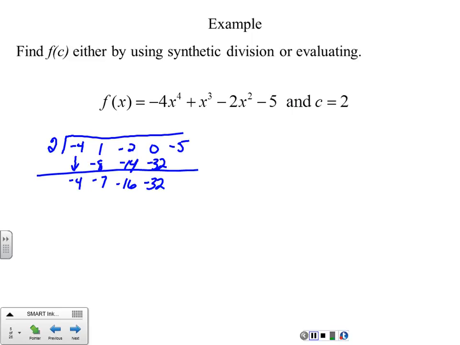Add them together and you get negative 32. And then when you multiply 2 times negative 32, you're going to get negative 64. Add those together and you do get negative 69. Which should be the exact same as if we plug 2 straight in. That is proving the remainder theorem.